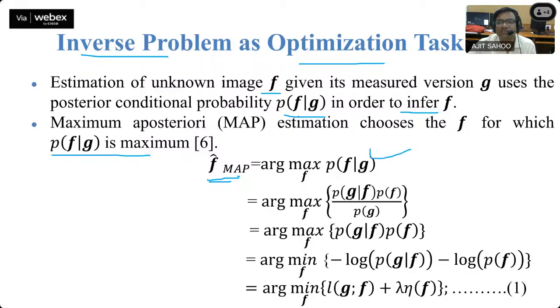According to Bayes' theorem, p(f|g) can be represented like this. Because p(g) is independent of f, and you are maximizing with respect to f, you can remove this term.